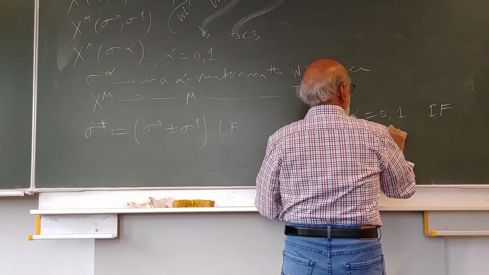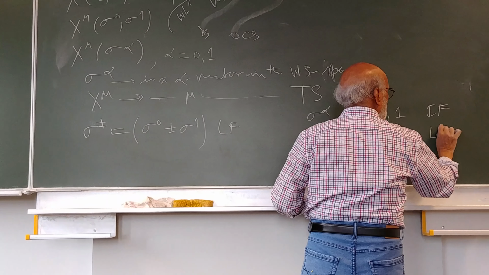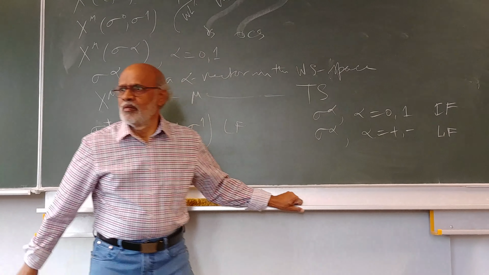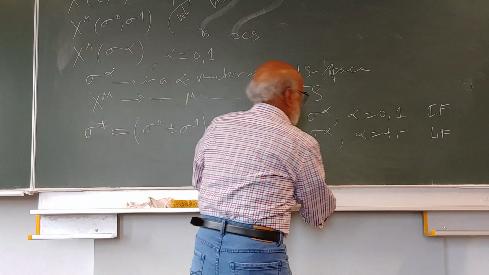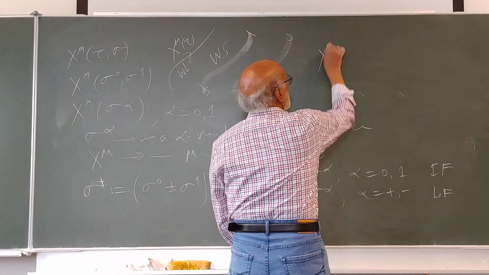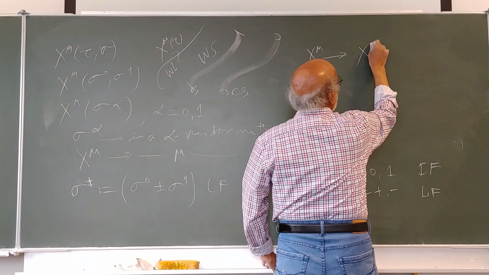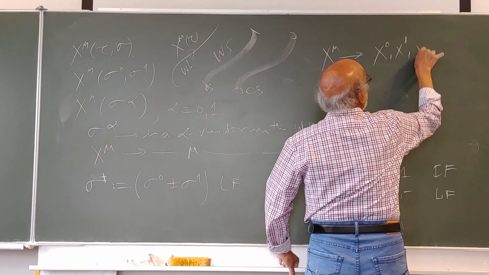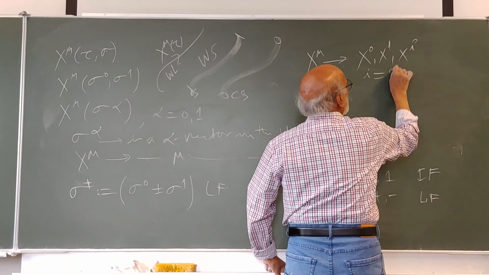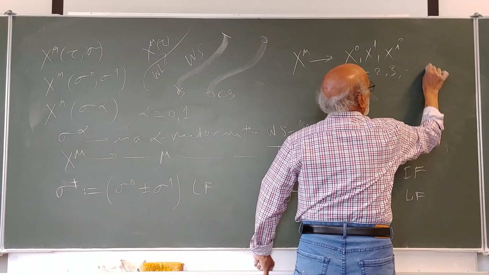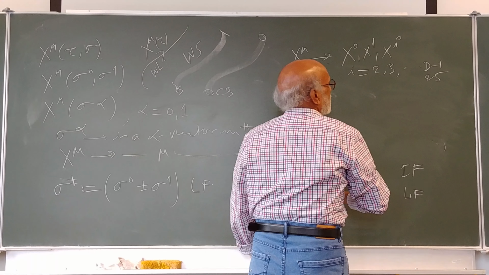Sigma alpha with alpha equal to plus and minus, you call it light-cone dynamics. Okay. And similarly, if you want to have x mu, it is your choice. If you need x0, x1, xi, i equal to 2, 3, up to d minus 1, let us say 25 for the bosonic case.